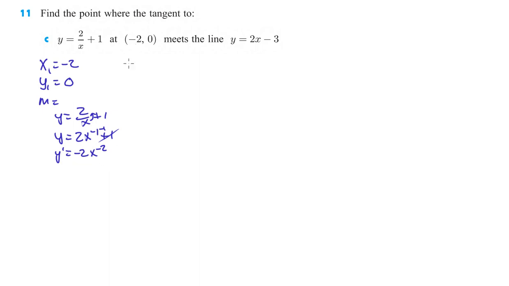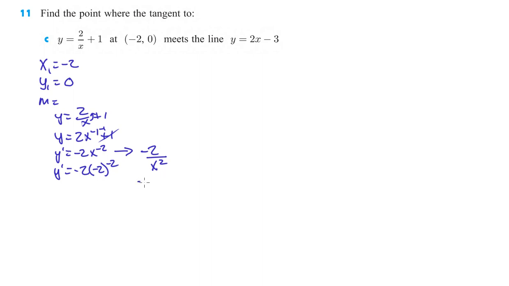So then we simply want to plug -2 in for x here. So y prime, or our slope, is going to equal -2 times -2 to the -2nd. Okay, that's a lot of -2's there. So you could plug that in your calculator, or I like to turn this -2 over x, times x to the -2nd, into x to the 2nd.